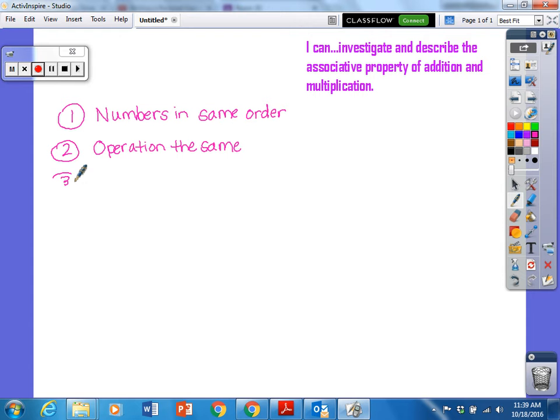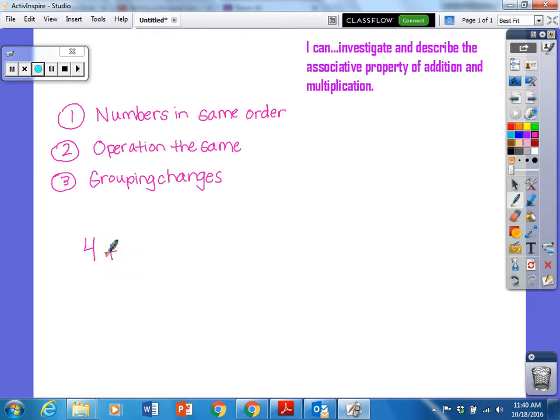And the third rule is grouping changes. Now, those might not mean anything to you until we get our example in, which I'm going to give to you right now. So I want you to look for these three rules for associative property.